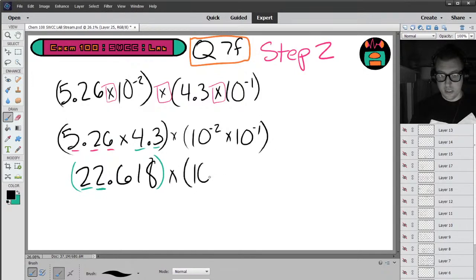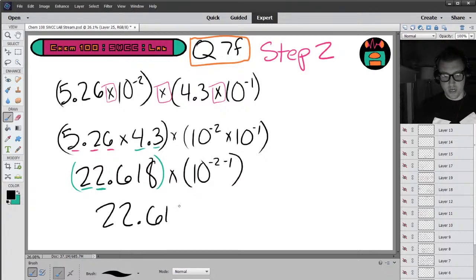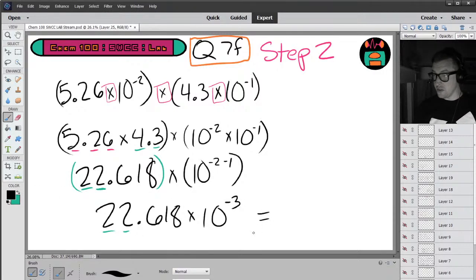Now, 10 to the negative 2 times 10 to the negative 1, we just add our exponents. That's negative 2 minus 1. So this comes out to be 22.618 times 10 to the negative 3. To put this in the denominator, it's going to be easier to evaluate if this is not in scientific notation, so I'm going to go ahead and cash that in now.